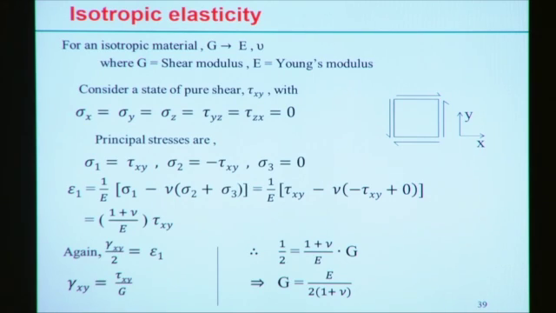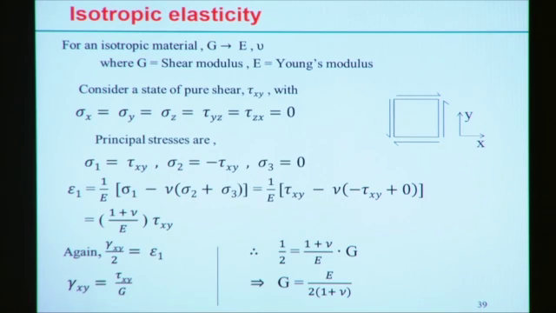If we analyze the Mohr circle, we find the principal stress components: sigma 1 is equal to tau xy, the second principal stress is minus tau xy, and sigma 3 is definitely 0. So this is the state of the three principal stresses.